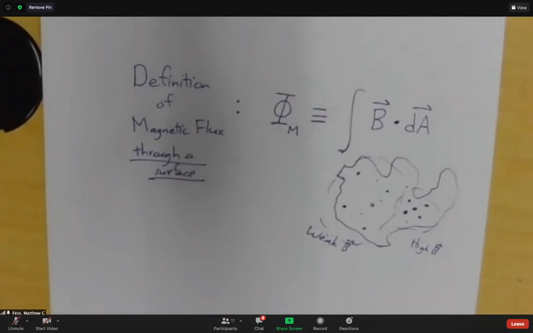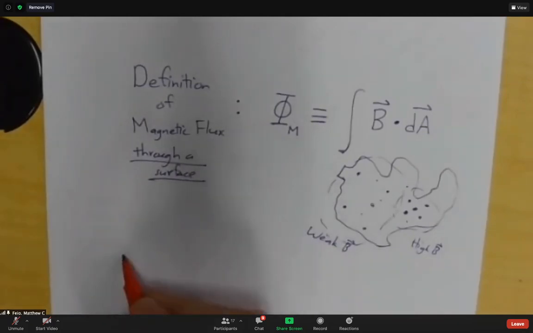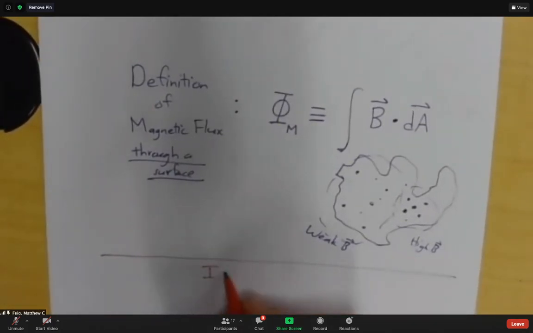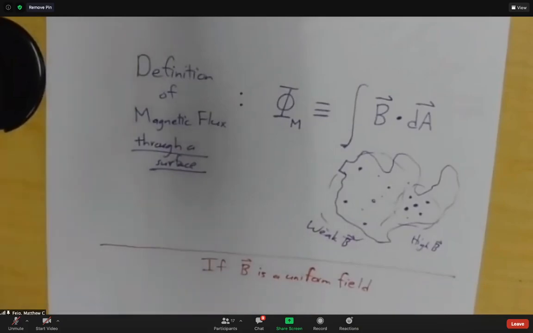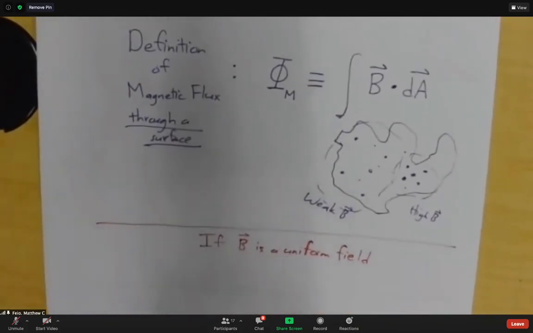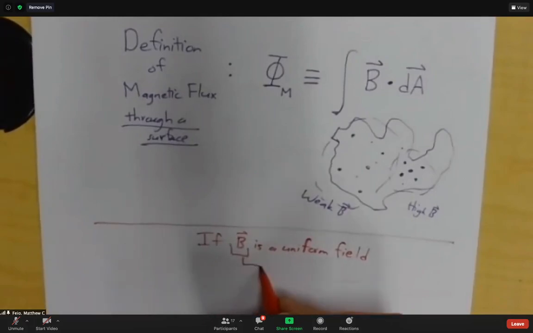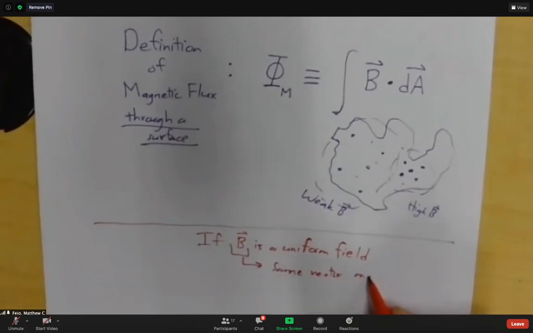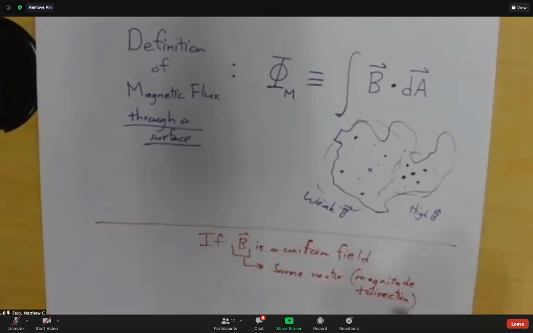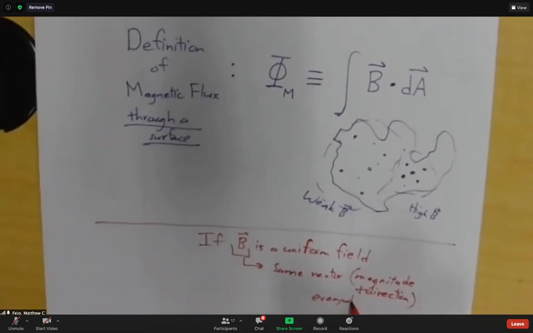But we're going to do a lot of situations where B is a uniform field, so B is the same magnitude and direction everywhere, same vector everywhere of interest at least.